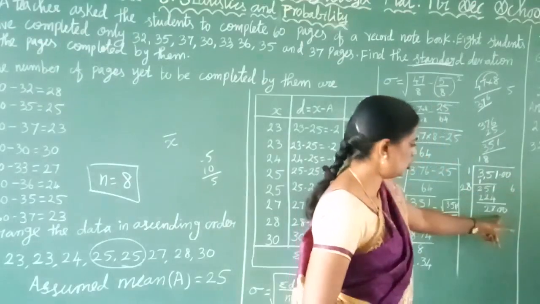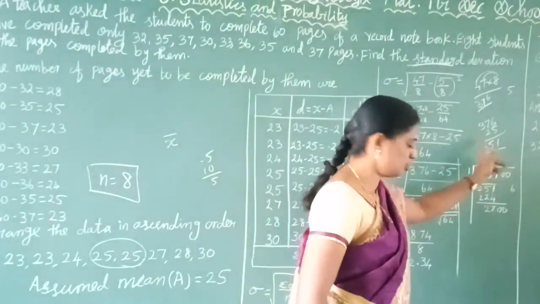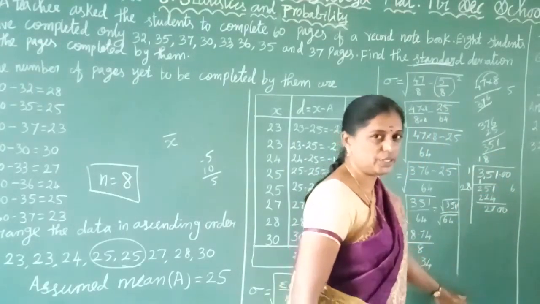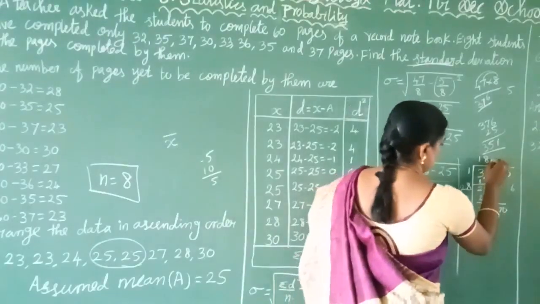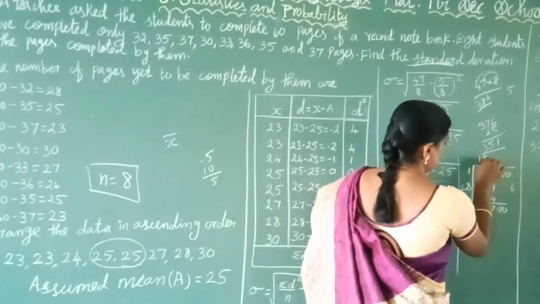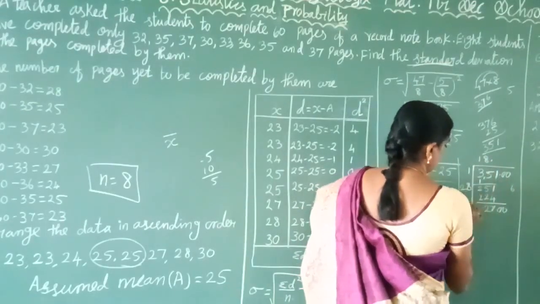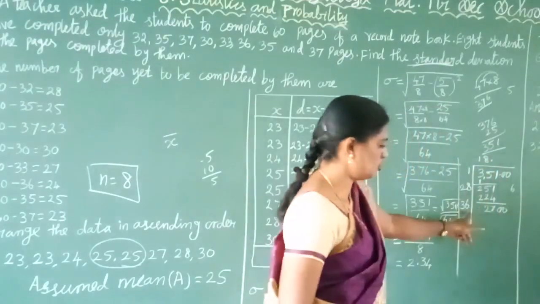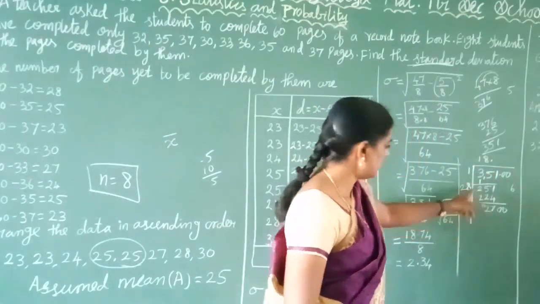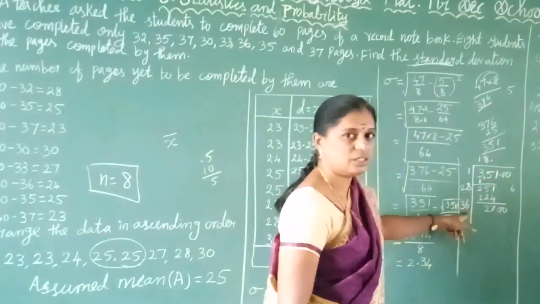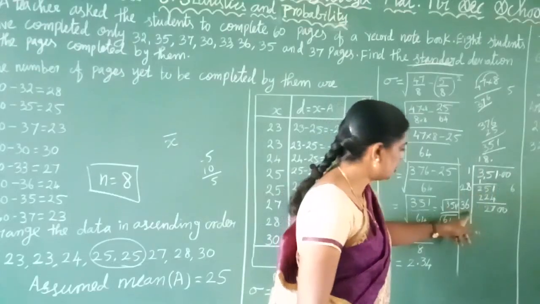Clear? Bring down 2 zeros and double the quotient. The same process you do it. Here decimal, here also decimal. Here 18 twos are 36. Remainder 1, 3. 1 twos are 2 plus 1, 3. So 36. And the same method, which is possible? Clear? So the same method you do it.